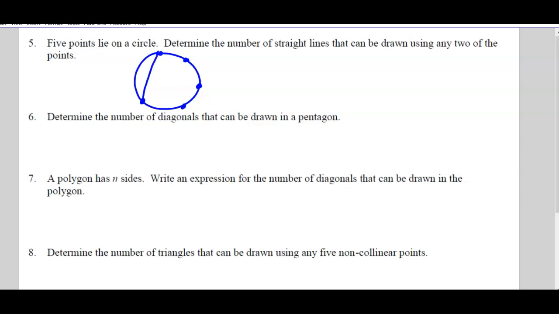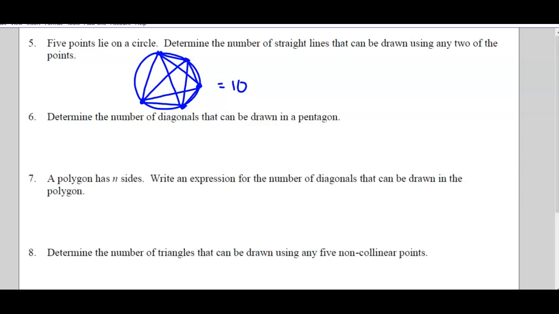So 1, 2, 3, 4, 5, 6, 7, 8, and then around the circle, oh yeah, I forgot this, 9 and 10. Okay, so there's 10 different lines that you can join between any 2 points.